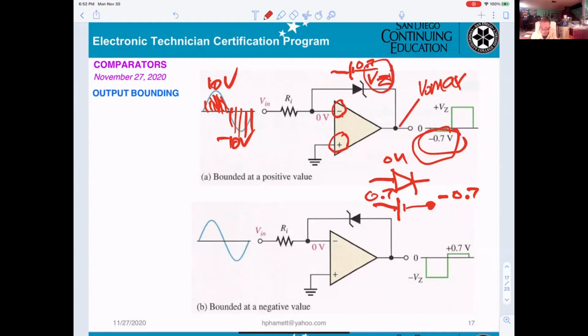So that's why you can see it right here. They can go to the VZ maximum. They cannot be higher than VZ. So during negative cycle, the Zener diode will break down.